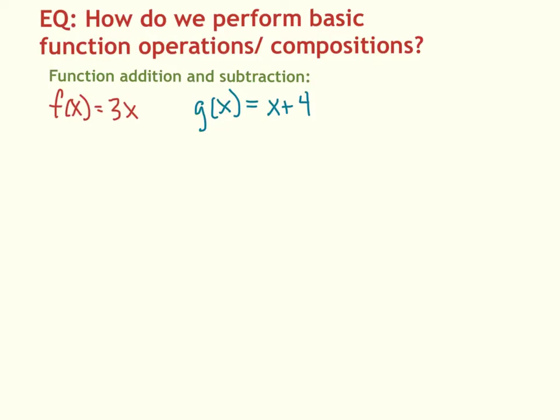Okay, so the f and g, these are just names of functions. This is like a function of x, the function g of x. So we're going to have this new function, h of x, and we're going to say h of x is made by taking f of x and adding it to g of x.